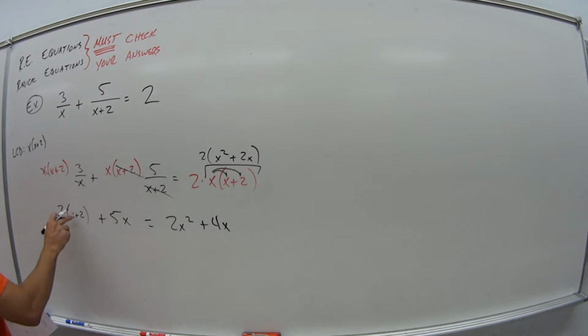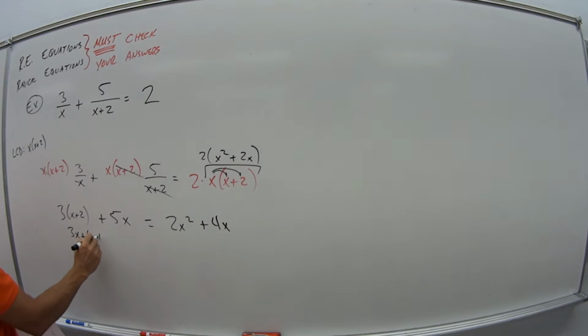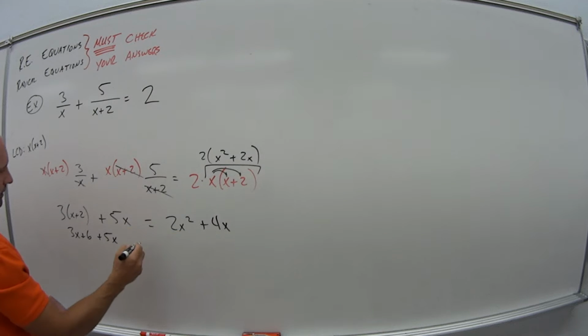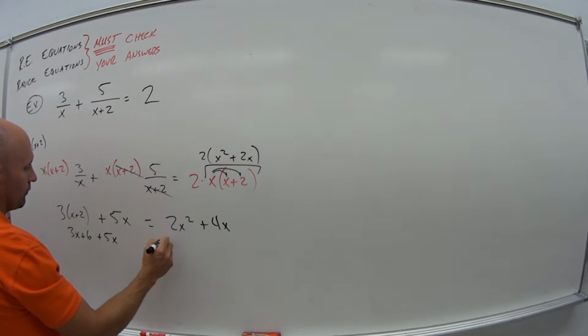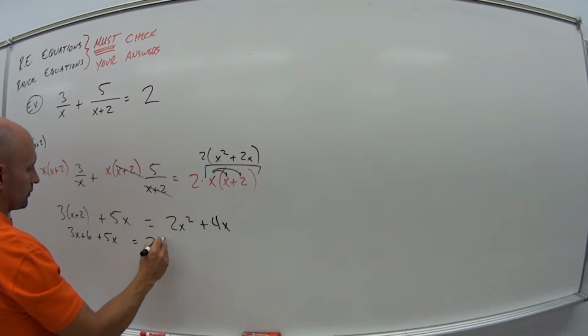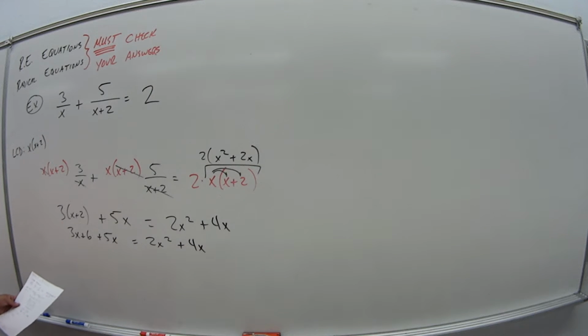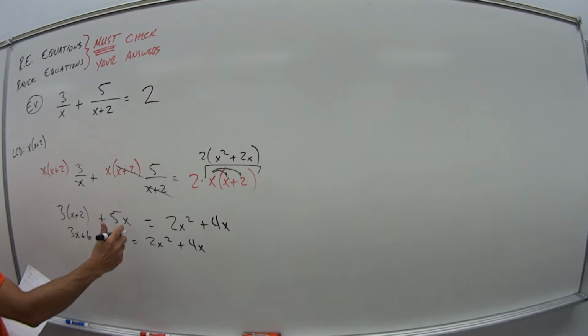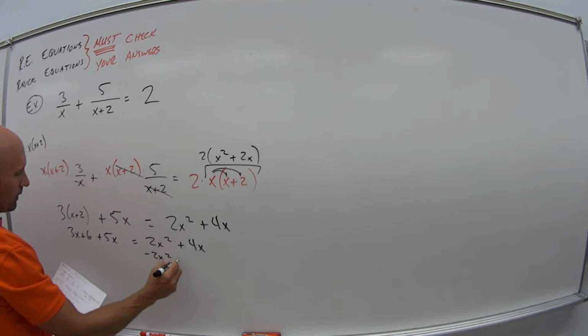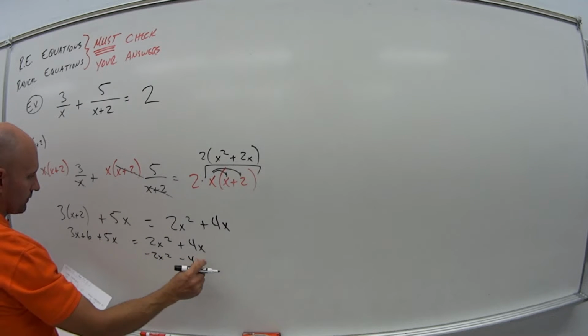If I expand this, distribute the 3, what do I get? 3x plus 6. And then here, plus 5x. And so I'm going to move everything over. Well, let me do that in the next step. So equals 2x squared plus 4x. Now if I move these over, so minus 2x squared minus 4x, whoops.